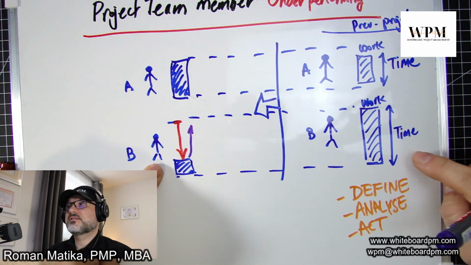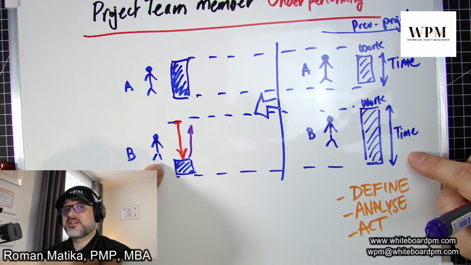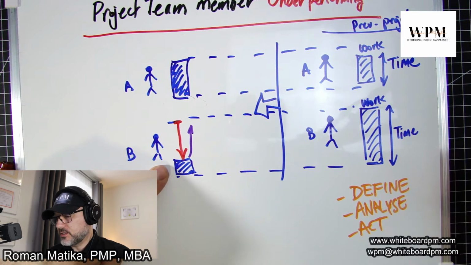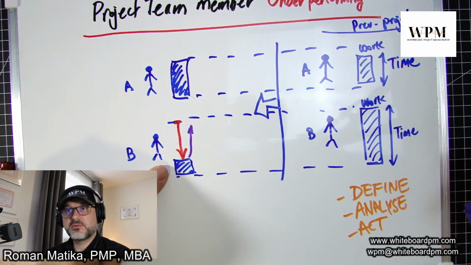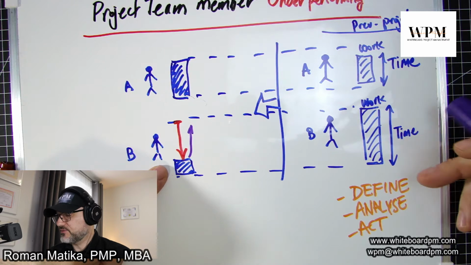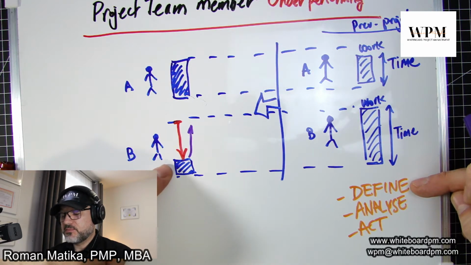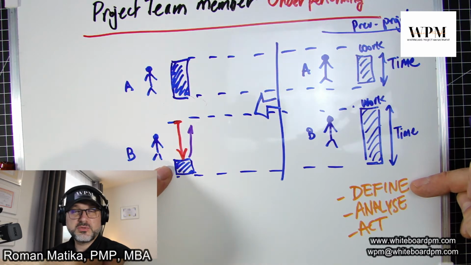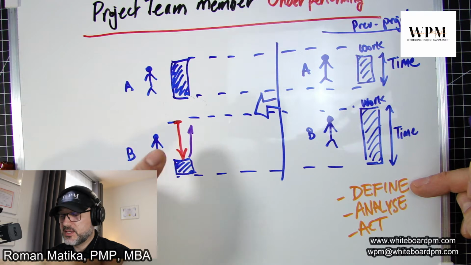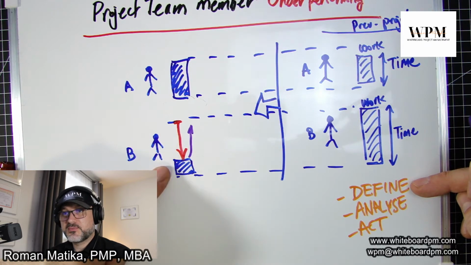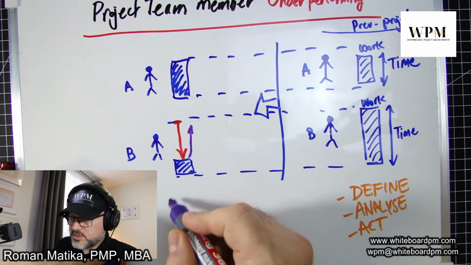So why is this person performing differently? This could have some reasons. These reasons could come from the company itself or could come due to different factors. Some of those factors could be bad organization.